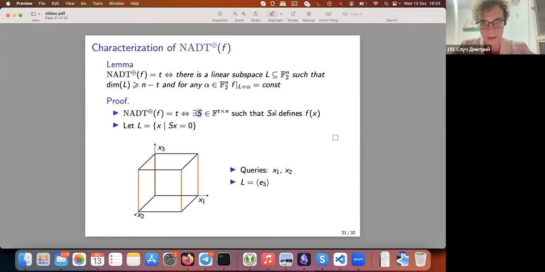And it defines function f. We define subspace L to be the subspace of all vectors such that S multiplied by x is equal to 0. Because of that, on each coset of L, S times x will be the same. And because S times x is the same, then f of x must also be the same if it is defined.